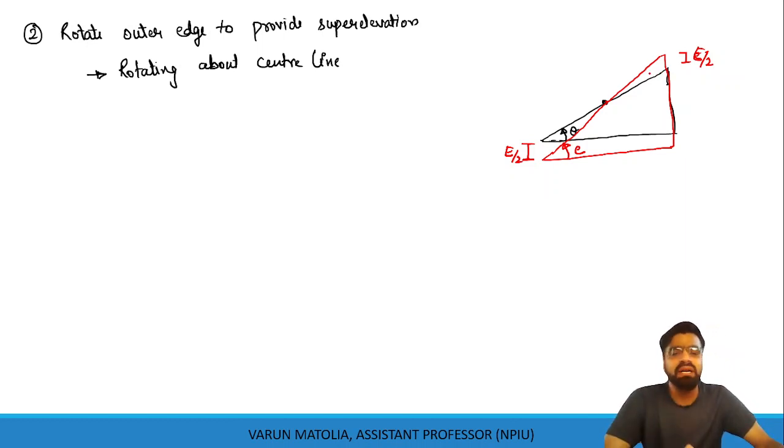But there is a disadvantage. This is the level of your pavement. Here the camber was provided and the slope was such that the drainage was very good.